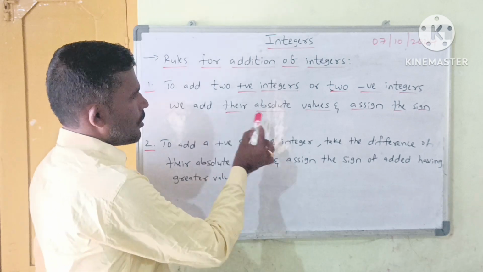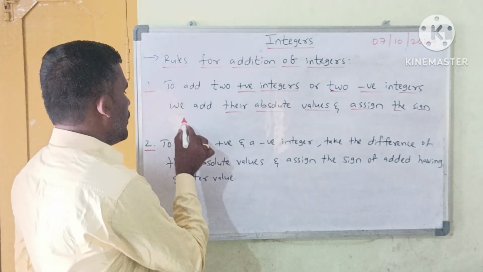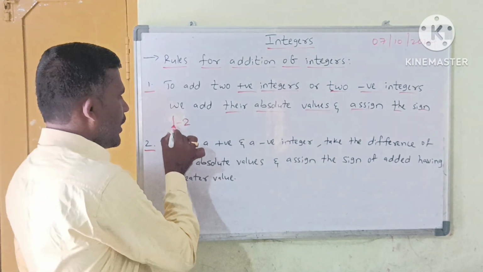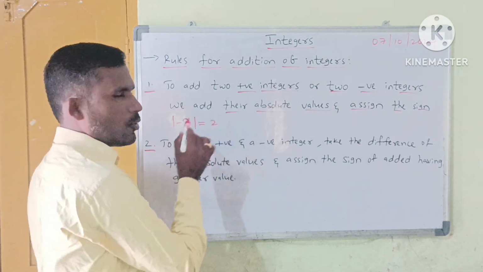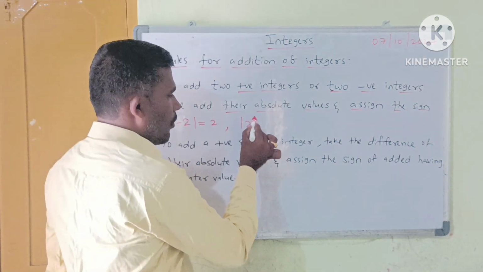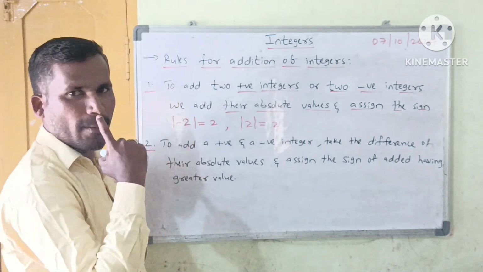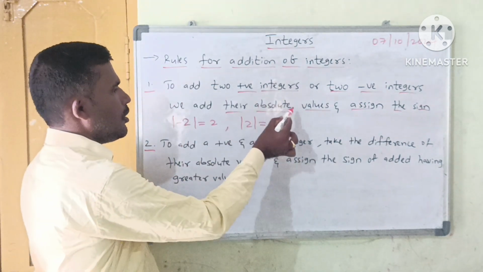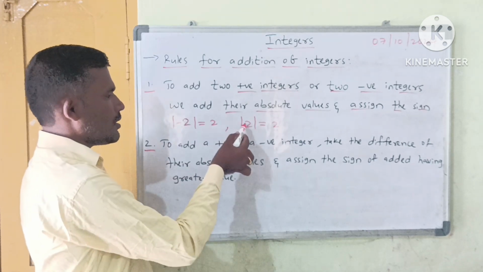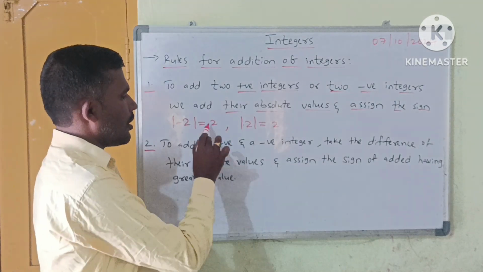So what is the absolute value? For example, I am taking minus 2. The absolute value of minus 2 is nothing but 2. If you have 2, the absolute value of 2 is also 2. If you have any value, whether plus or minus, you leave the sign and write the number.